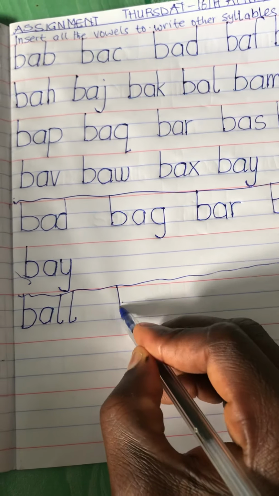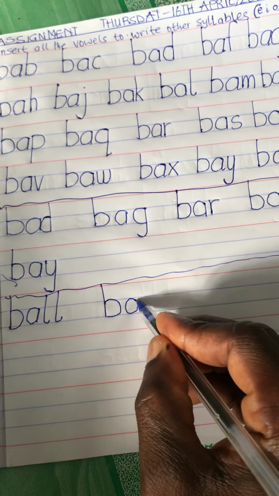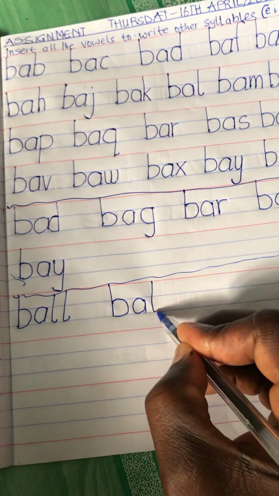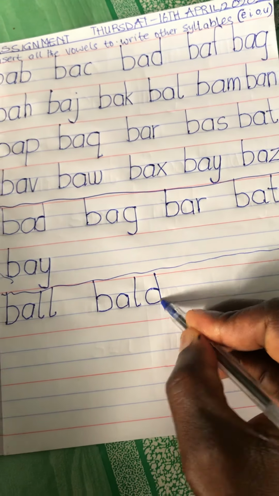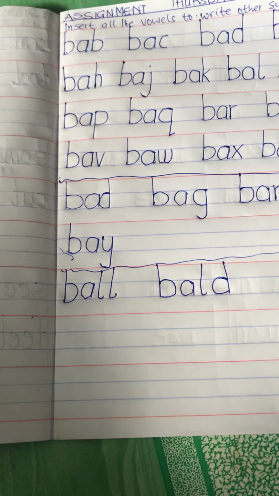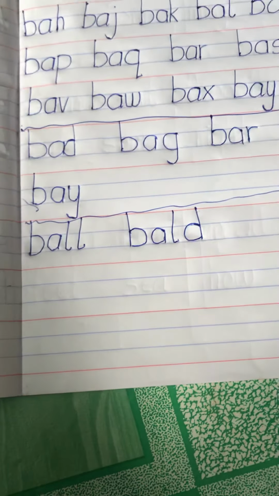But when you write this, which is Baal, and you add D, you get bald, which means a hair not in the upper head of a person. Bald. Now let's look at this.